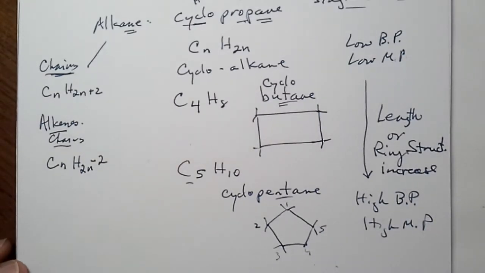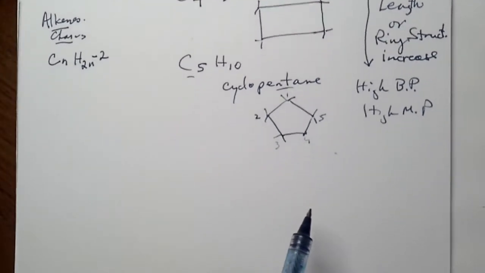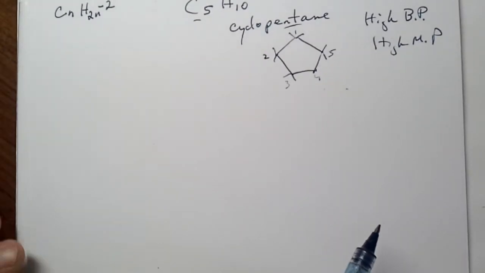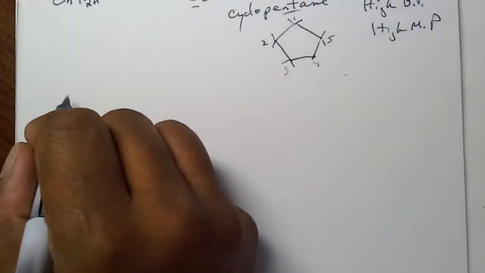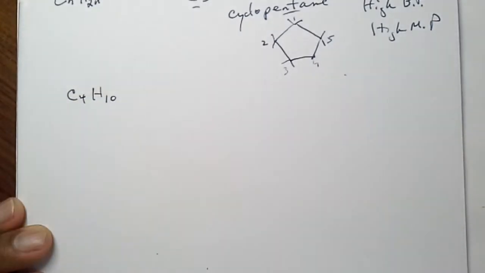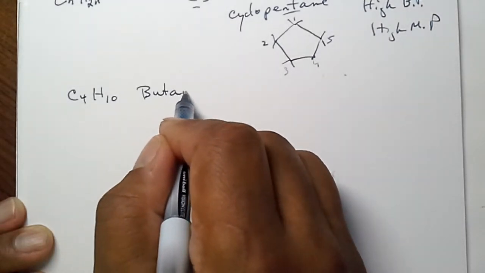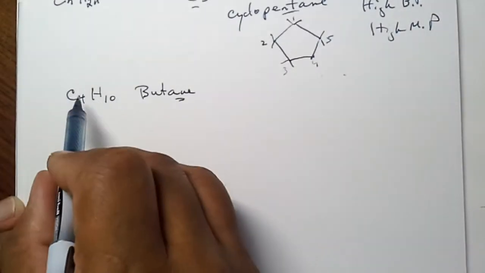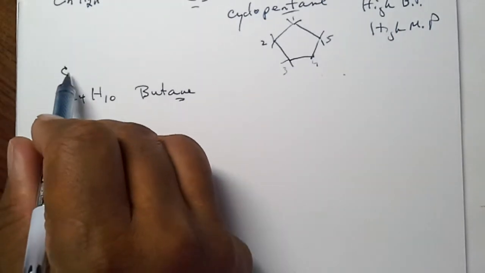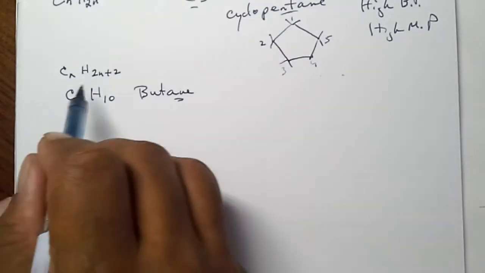All right. One of the things that we need to be aware of is that even though you have a chemical formula like C4H10, which would be what? All right, C4H10, 4 carbons, butane. Okay, so that's CnH2n plus 2.